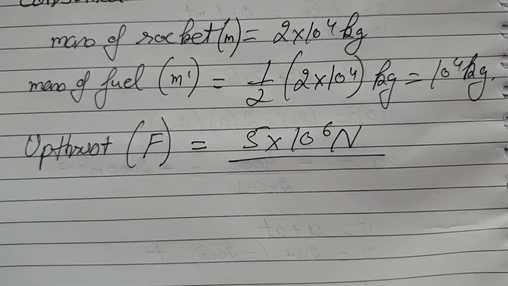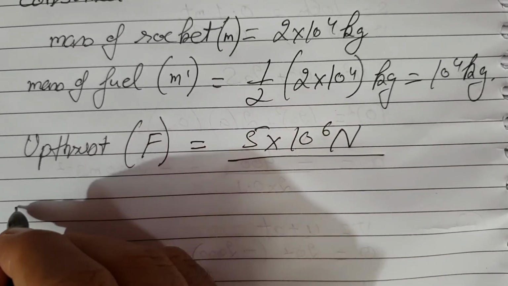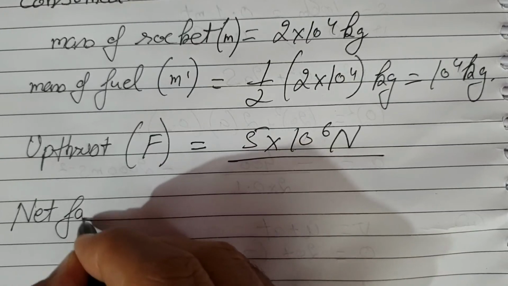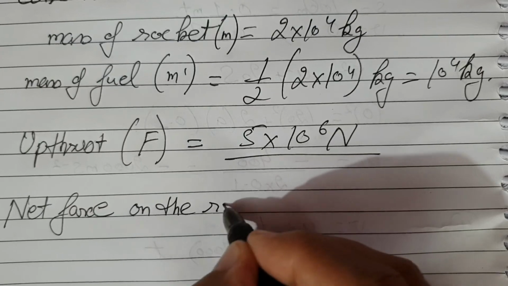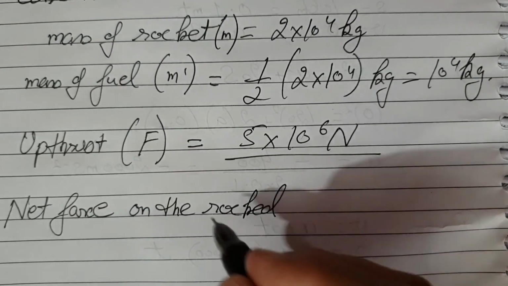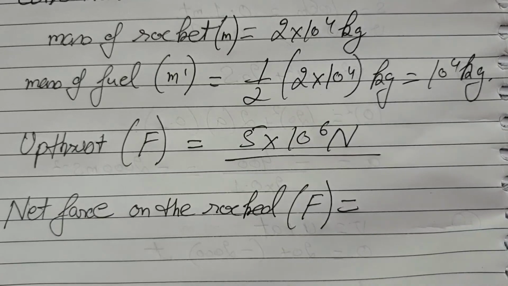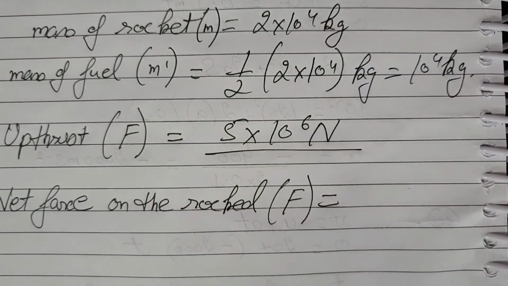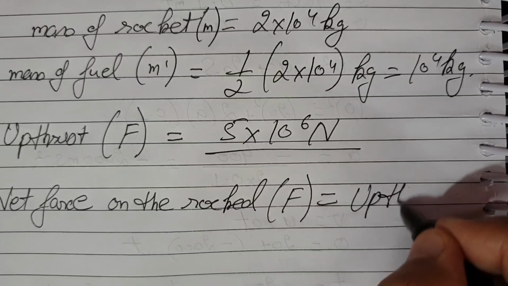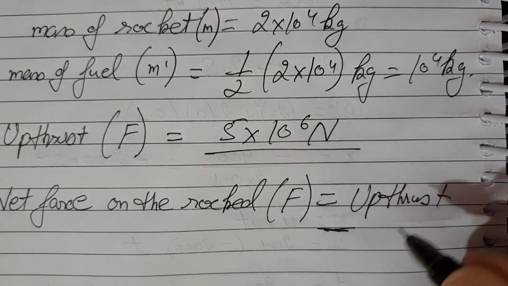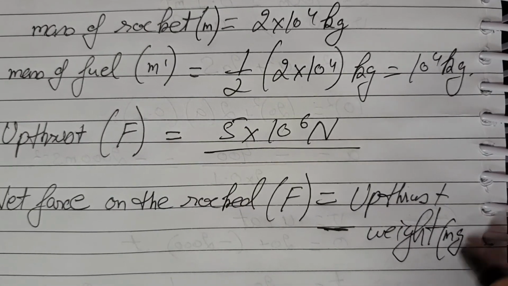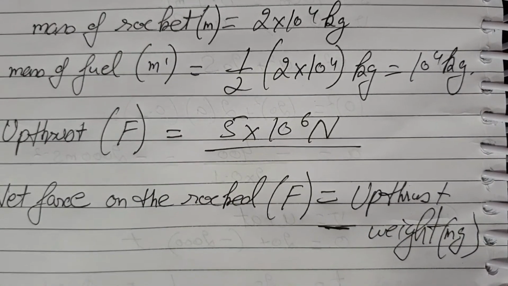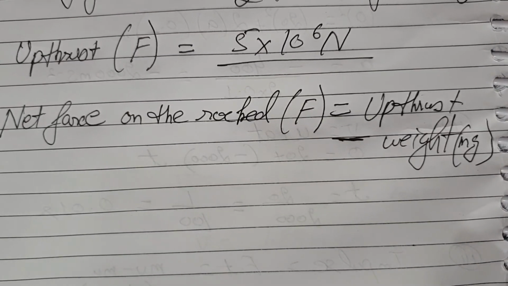Now see, the net force on the rocket in the upward direction F will be upthrust minus the weight of the rocket, which is mg. Okay, so now substituting the values, we know what the upthrust was.